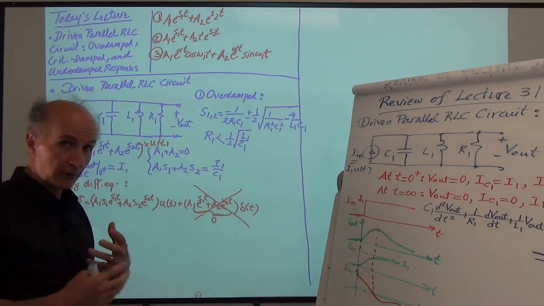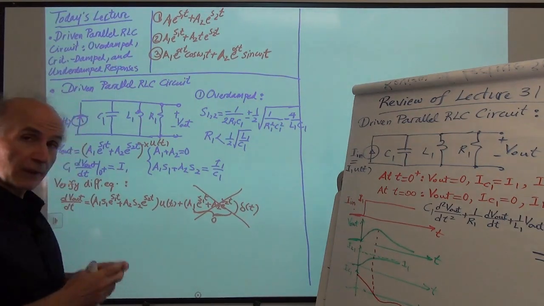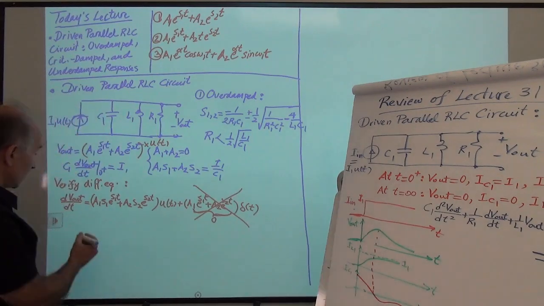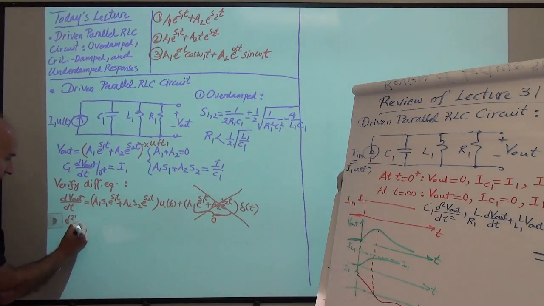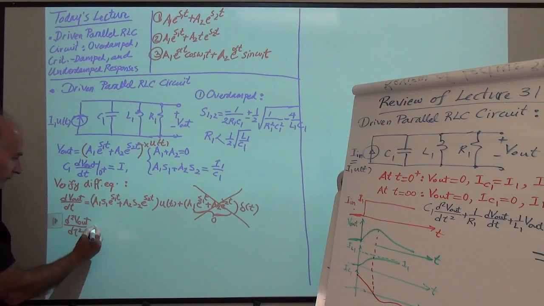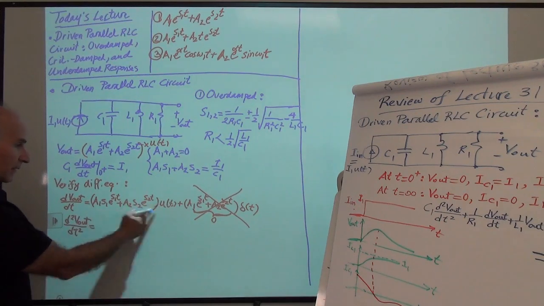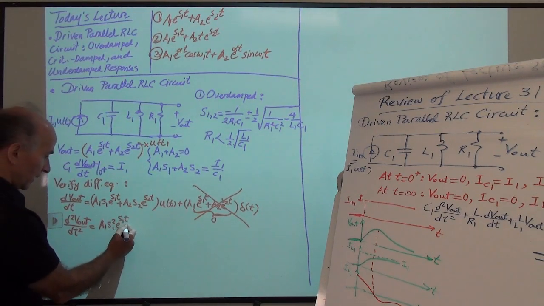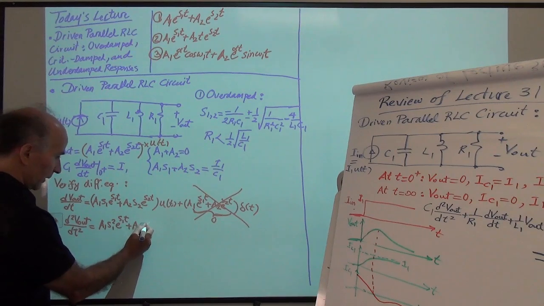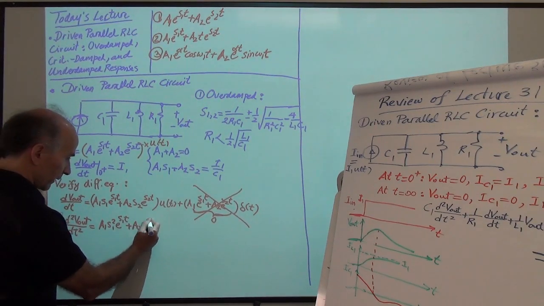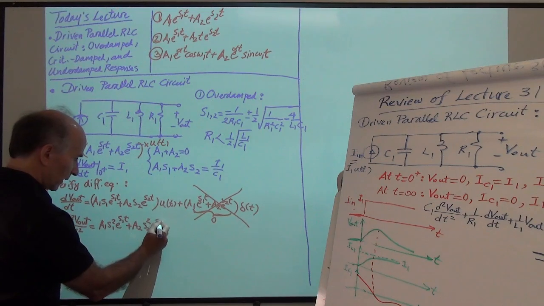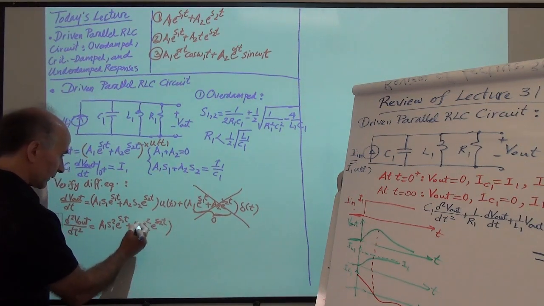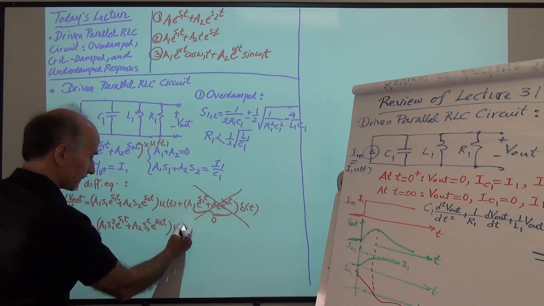Does it mean we're in trouble because we still need an impulse, right? Well, no. Let's go to the second derivative. So now we go to the second derivative. And that's again derivative of this times this and the other way around. So we have a1 s1 squared e to the s1t plus a2 s2 squared e to the s2t times u of t.